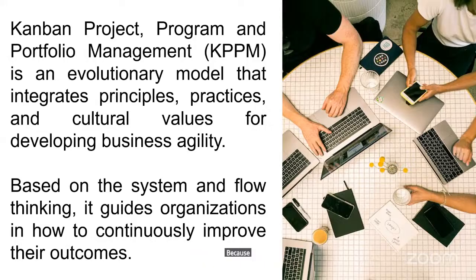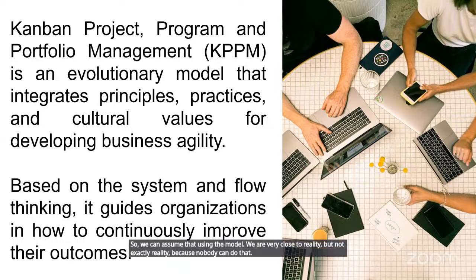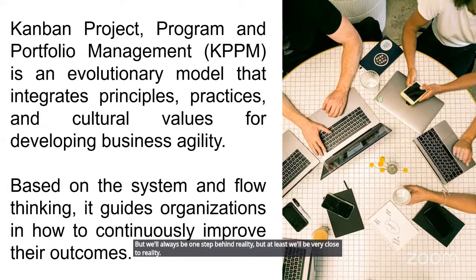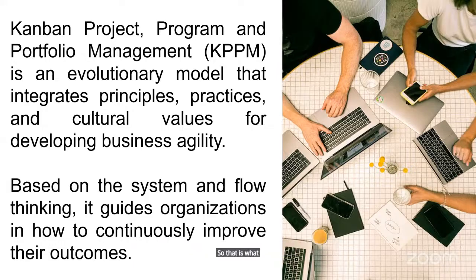because a model has many variables, many parameters which mimic the reality. So we can assume that using the model, we are very close to reality, but not exactly reality, because nobody can do that. We'll always be one step behind reality, but at least we'll be very close to reality. So that is what is called a model.